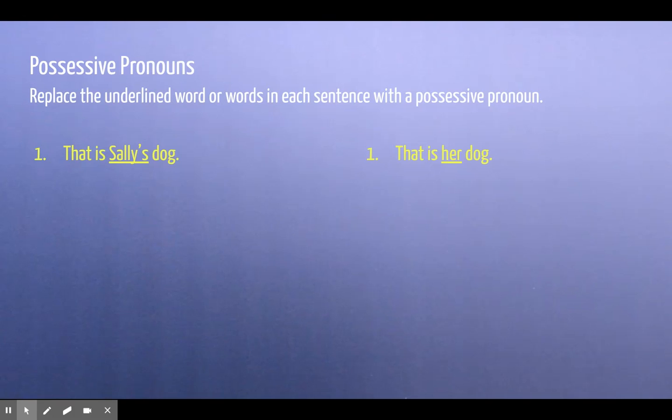Sally is a girl, so we replace it with her. Number 2, Dad's sandwich looks delicious. Dad's is the noun, so we need to think about how we are going to replace Dad's. You should have said his sandwich looks delicious. Dad is a man, so we are going to say his.